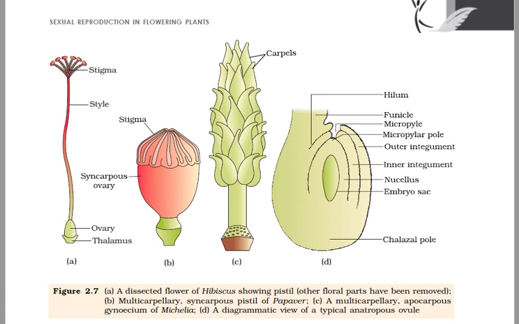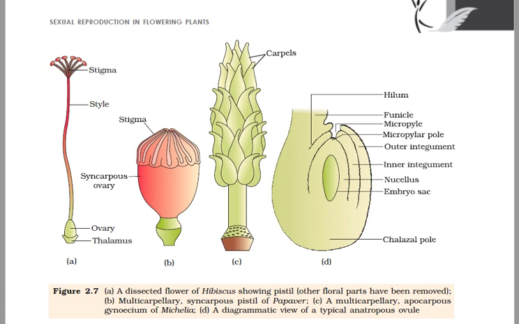So you can see another type of pistil in B, 2.7b. It is showing you the multicarpellary pistil, but it is in syncarpous state, of papaver. Syncarpous means, I am repeating, fused pistil.